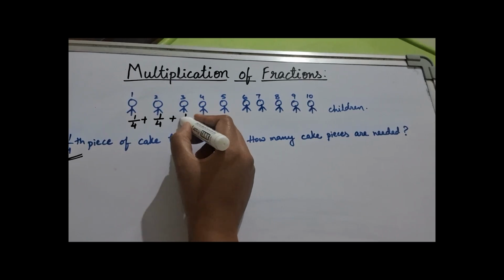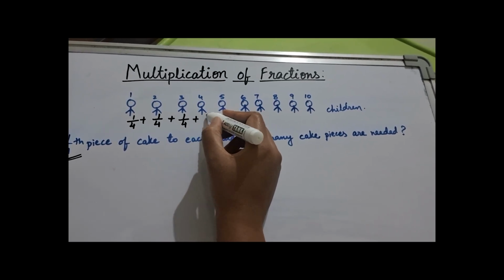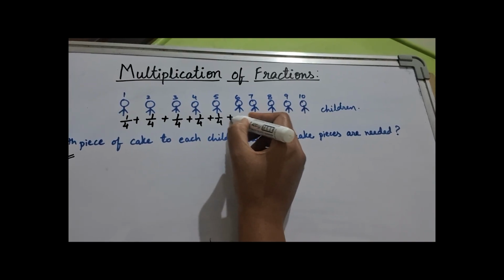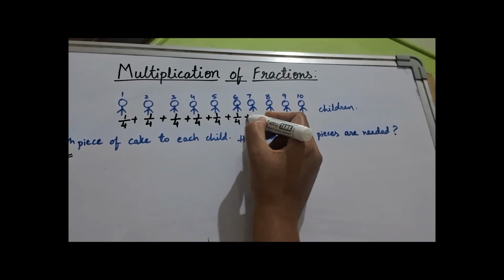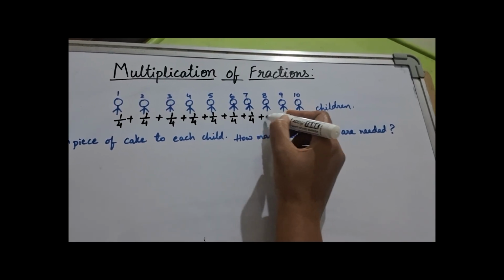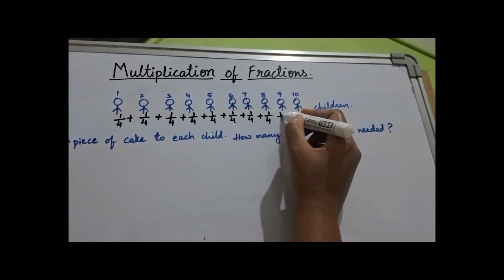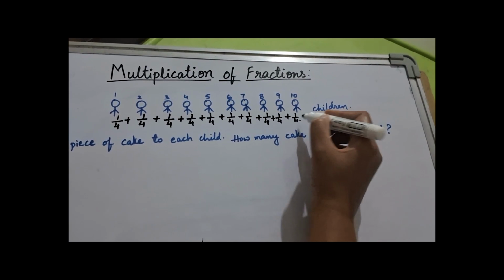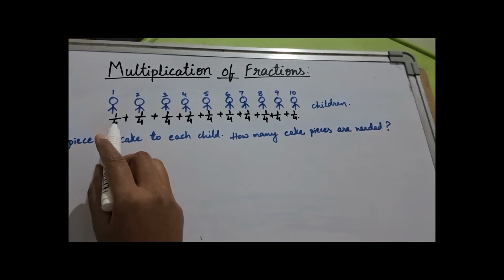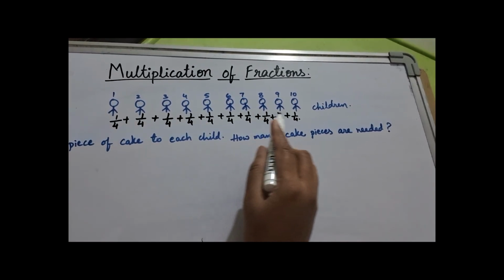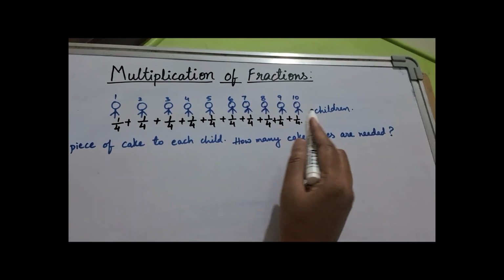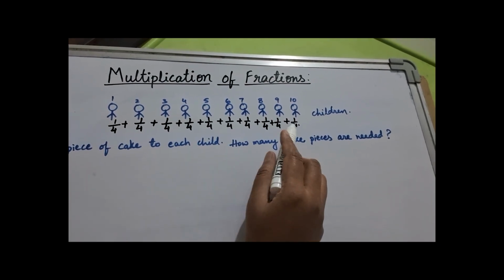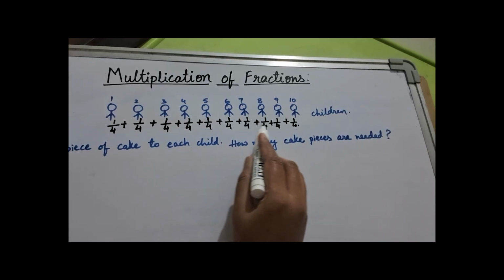Like that, we will add all these 10 cake pieces and then see what answer will come. Okay, children? So, all these 10 children got 1/4 of the cake piece each of them. Now we will add all these.